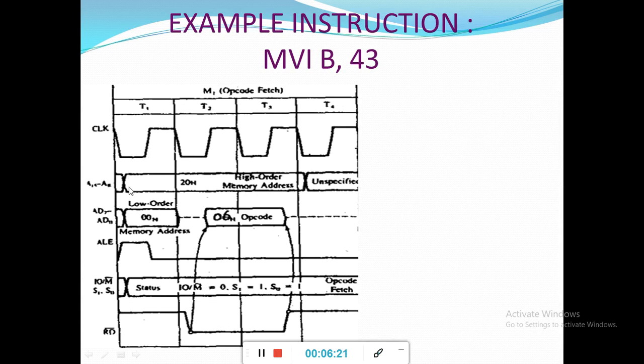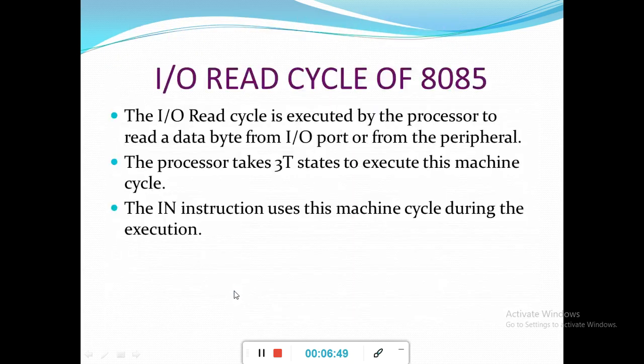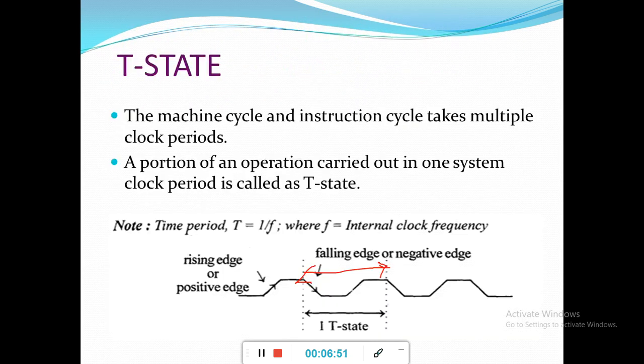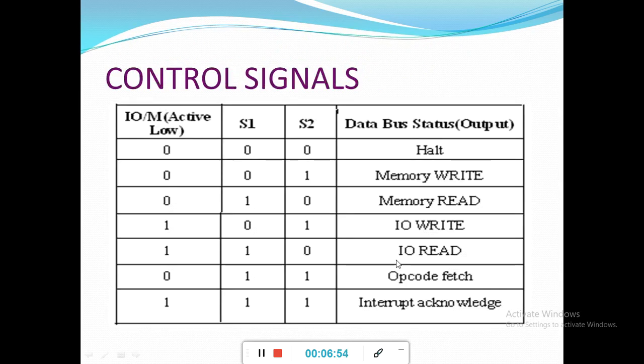Here I have written 20 hex, and the lower order address. IO/M bar is 0 here, and S1 S0 is 0 1.